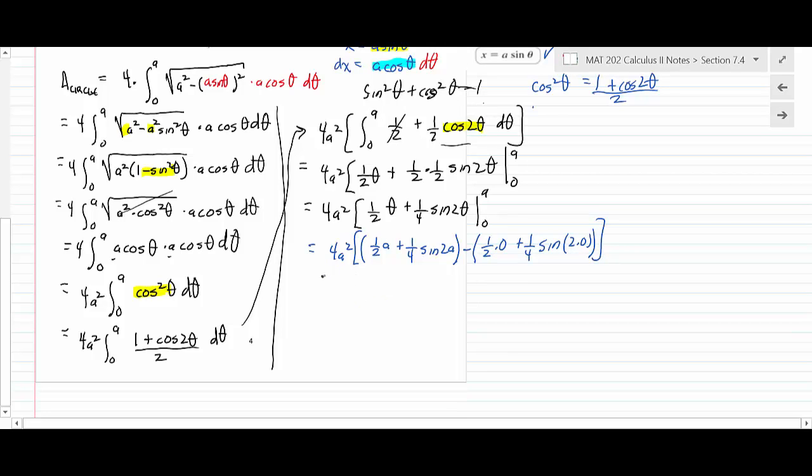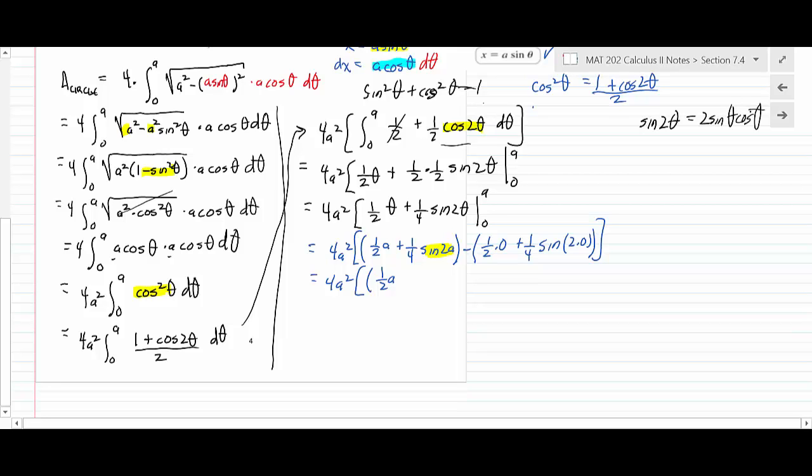Let's see what we got here. We have 4a squared, then inside the parentheses I've got 1/2 a. Now, here's something you want to think about. Any suggestion about sine 2a? Sine of a double angle. Do you remember anything from trig about that? It's an identity, right? Here's another identity we're going to use in this problem: sine 2 theta is 2 sine theta cosine theta.